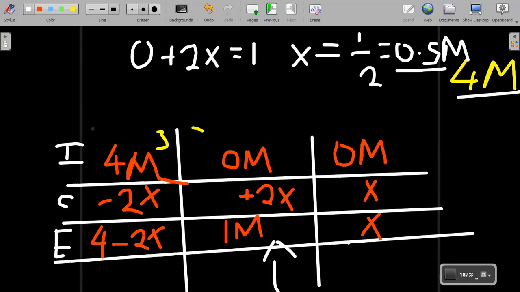If you look at the first one, which of course we know is SO3, where there is x here, we put 0.5. Okay, are we together?